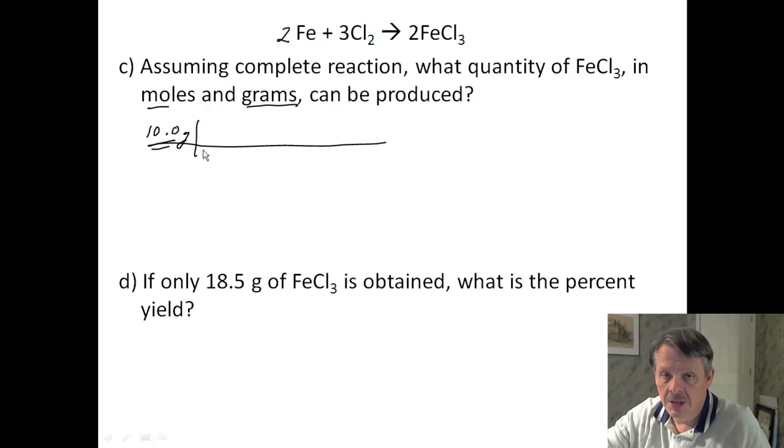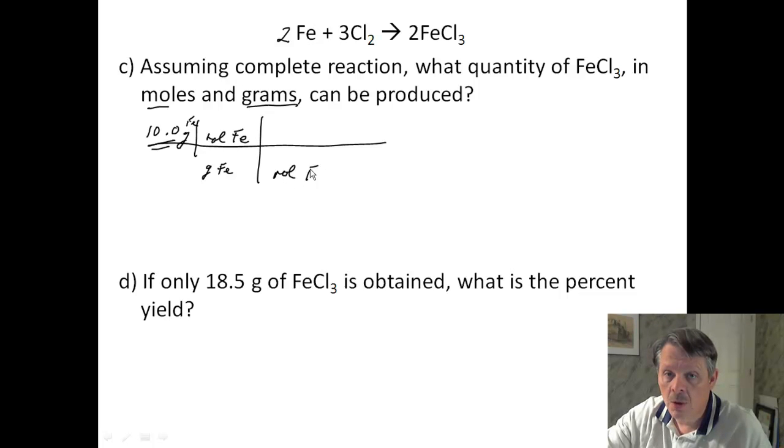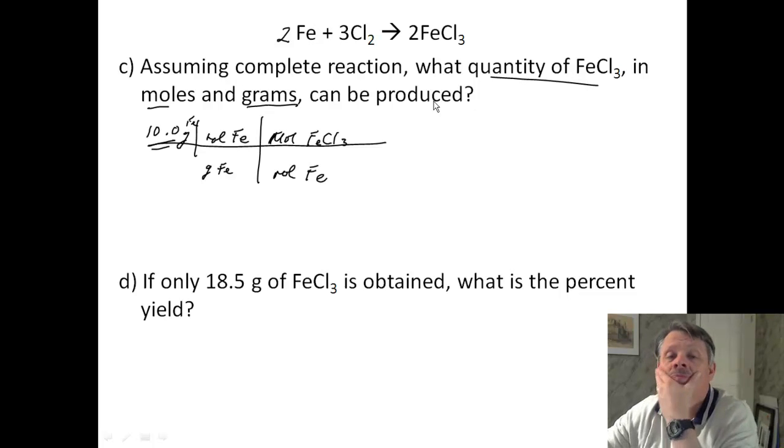I have 10 grams of Fe, and I'm going from grams of Fe to moles of Fe. But I don't want moles of Fe. I want moles of my target, which is FeCl3, because that's what the question is asking about.